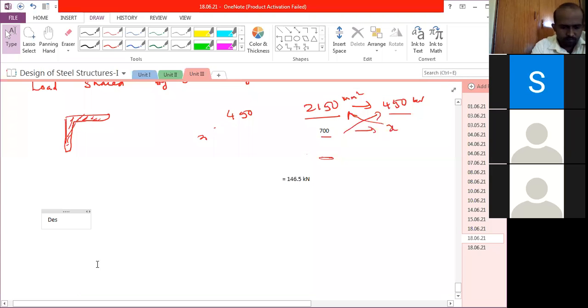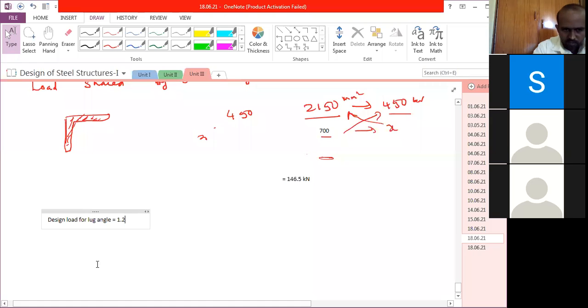Design load for leg angle. How to calculate the design load for leg angle? 146.5 kilonewton is coming for the outstanding leg.